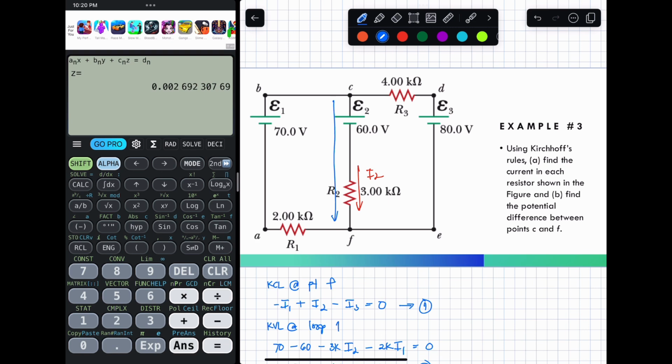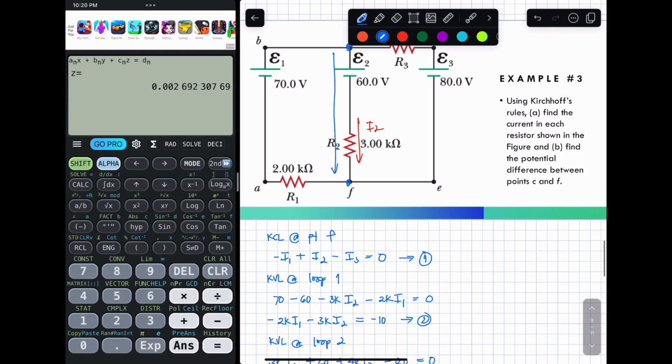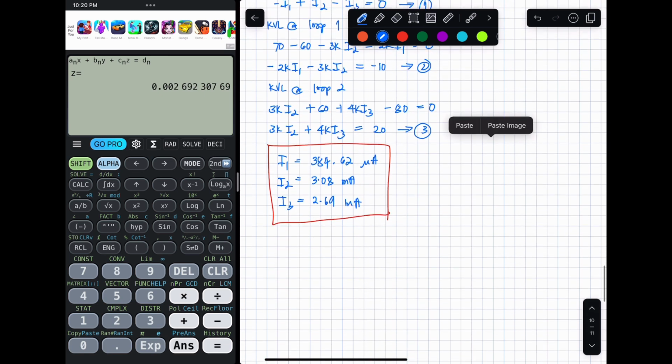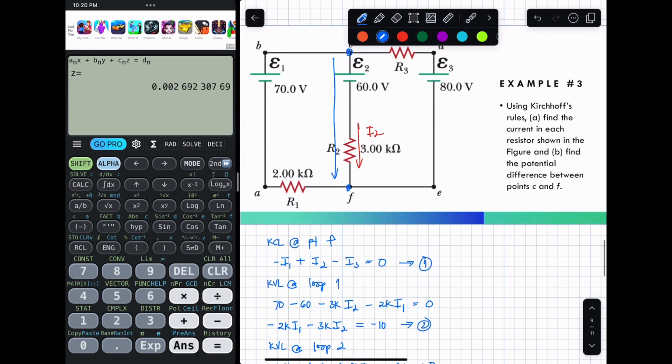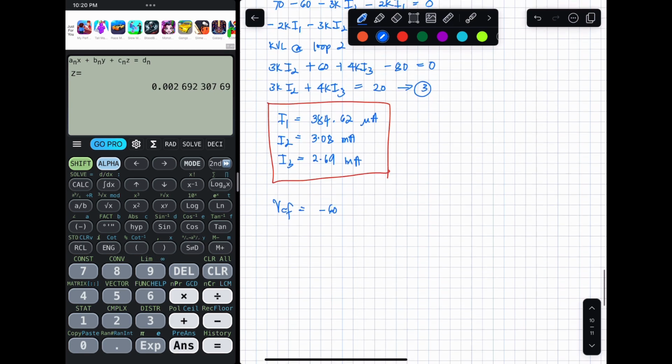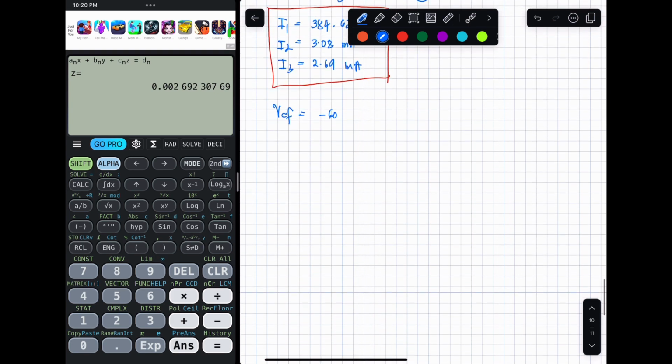Since I am to find the voltage from C to F, that makes it negative 60. So the voltage from C to F, that is negative 60. Then minus 3K I2, since it's along the same direction, negative 3K I2.